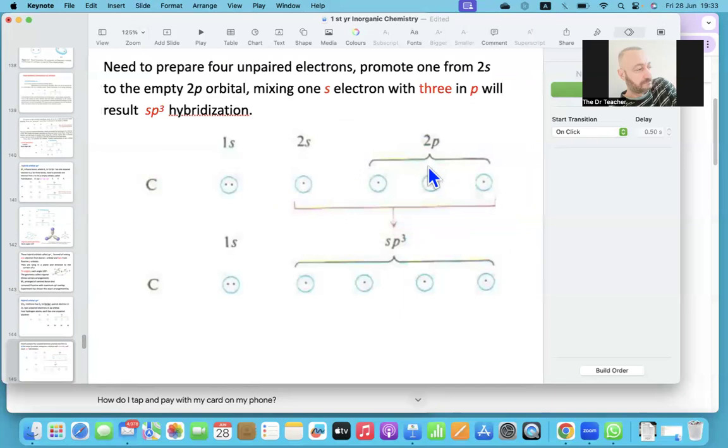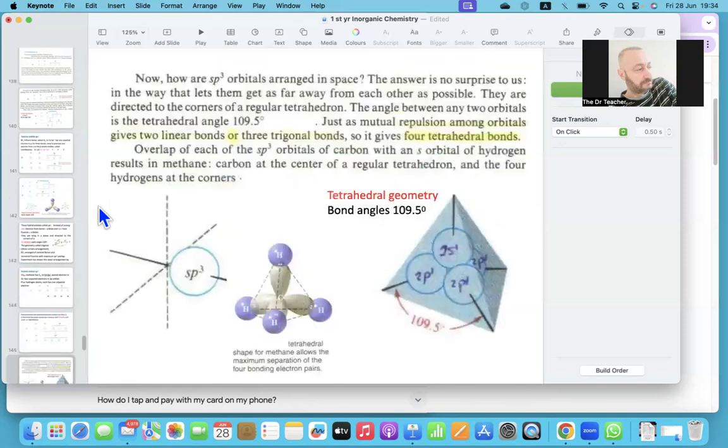So here, the carbon promotes 1 electron, and then the orbitals hybridize. It means sp3. So that's the hybridization of the carbon inside methane.